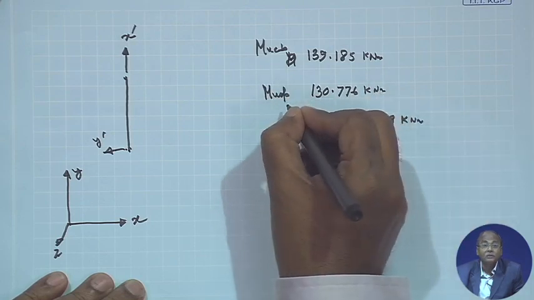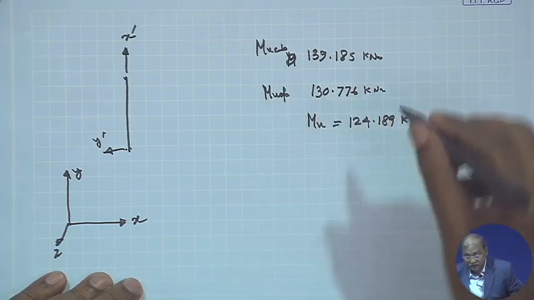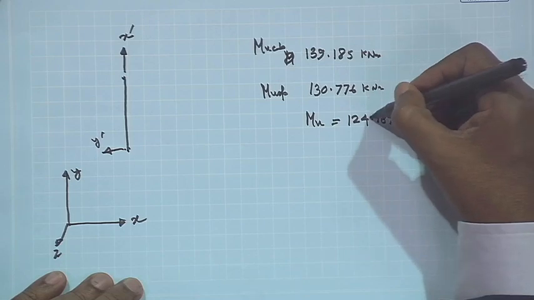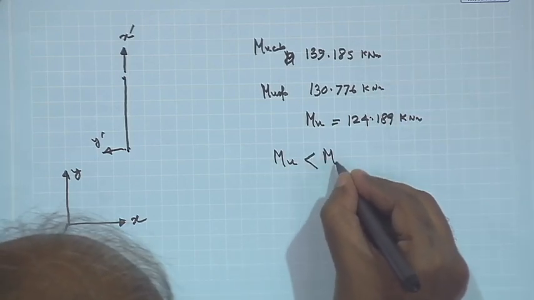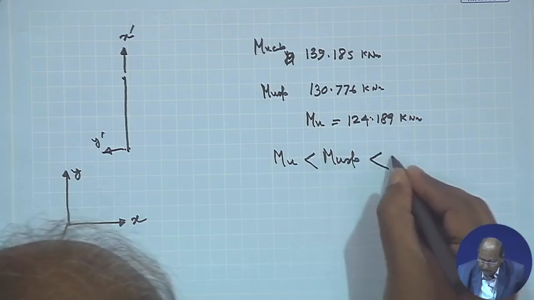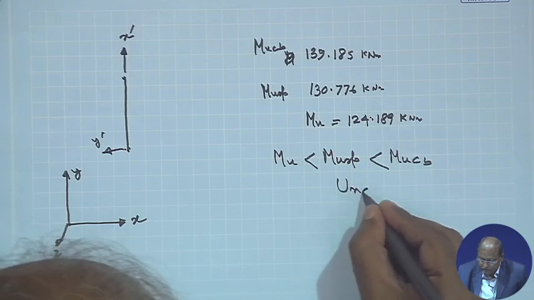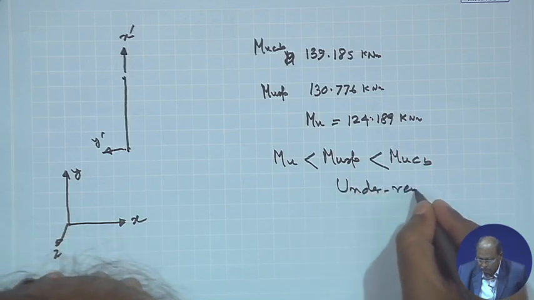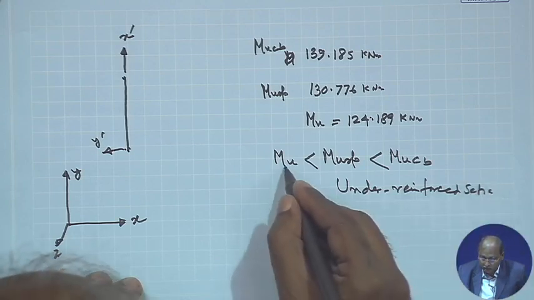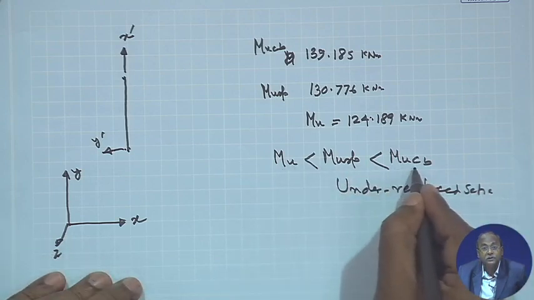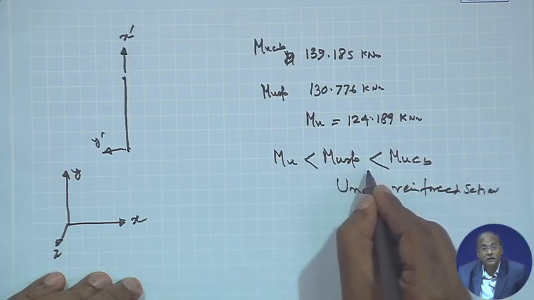I mean to say that, whatever the value for steel, the idea is that these values should be more than that. So, Mu less than Mu SP less than Mu CB, that is called actually an under reinforced section, that we can consider here.